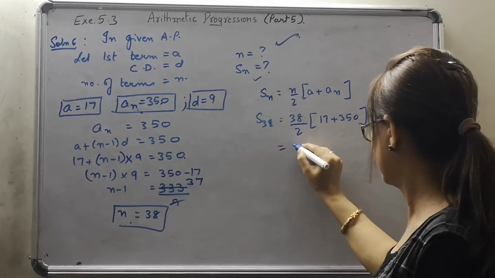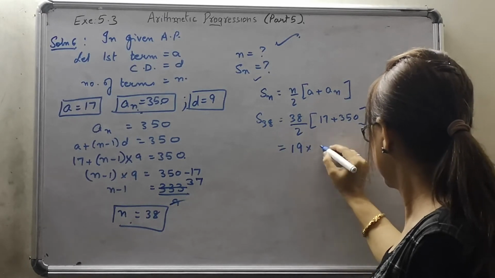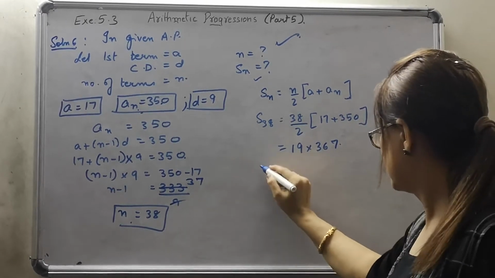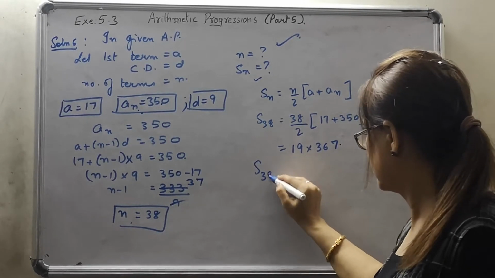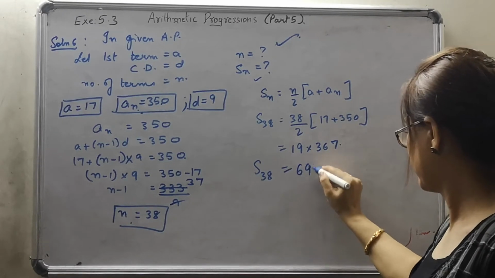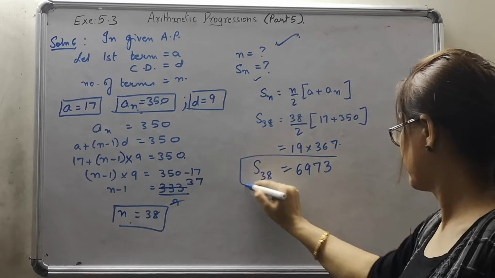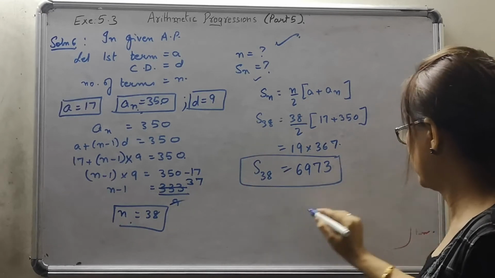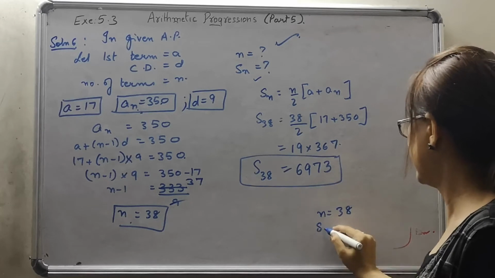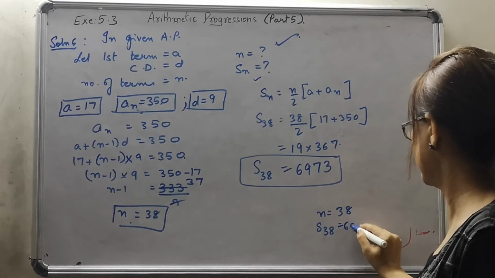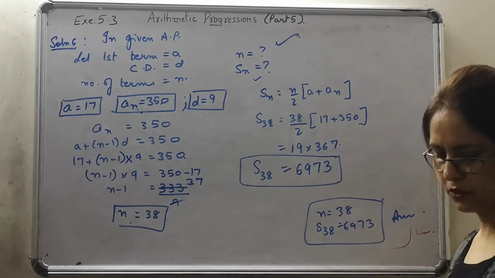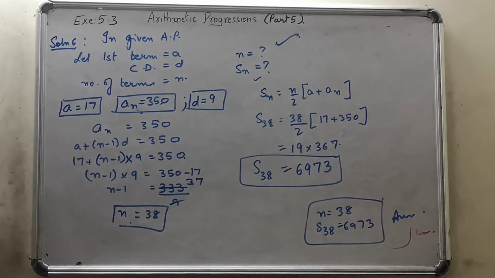So what do we get? 19 into 367. So let's see what the product is. So S38 is 6973. This was what we were required to find out. In the end, you can pen down the answer. n is 38 and Sn, that is S38, is 6973. This is your answer. Let's move to the next question till I erase your board.